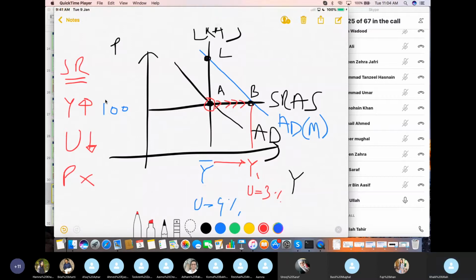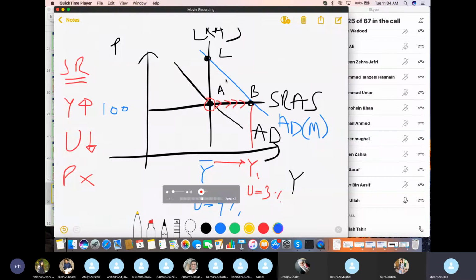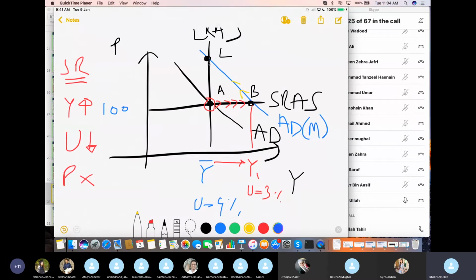However, after 2 months, after 6 months, after a year, after 2 years, the economy starts to move to the long run equilibrium because prices are no longer sticky. So the economy starts moving from point B to point L. Now what's happening at point L?